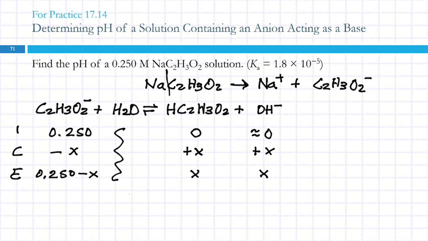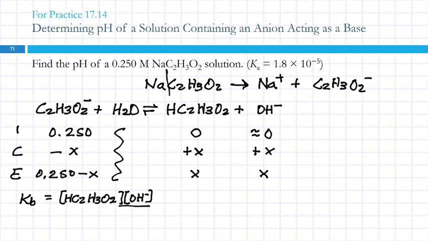Let's write the equilibrium constant expression for this. This is a base, so what we're writing is Kb, not Ka. Kb will be HC2H3O2 times OH minus.